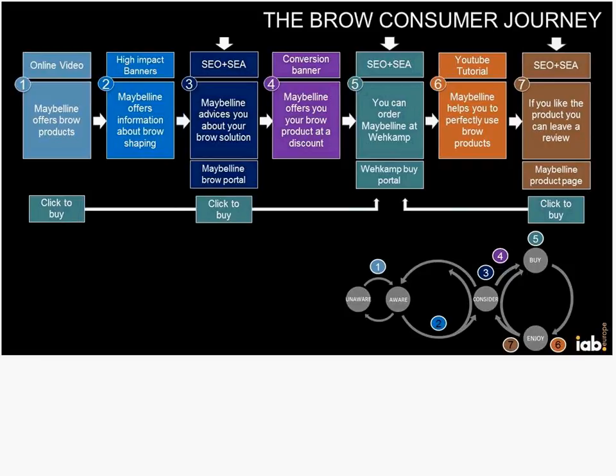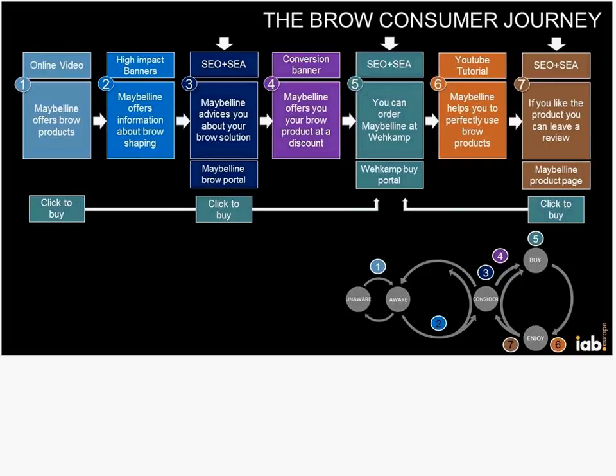In the fourth step of the consumer journey, we told people that Maybelline, well, obviously has products for your brow shaping, but that Maybelline also offers the products at a discount. People could order the product at Wehkamp, which is the local e-retailer.